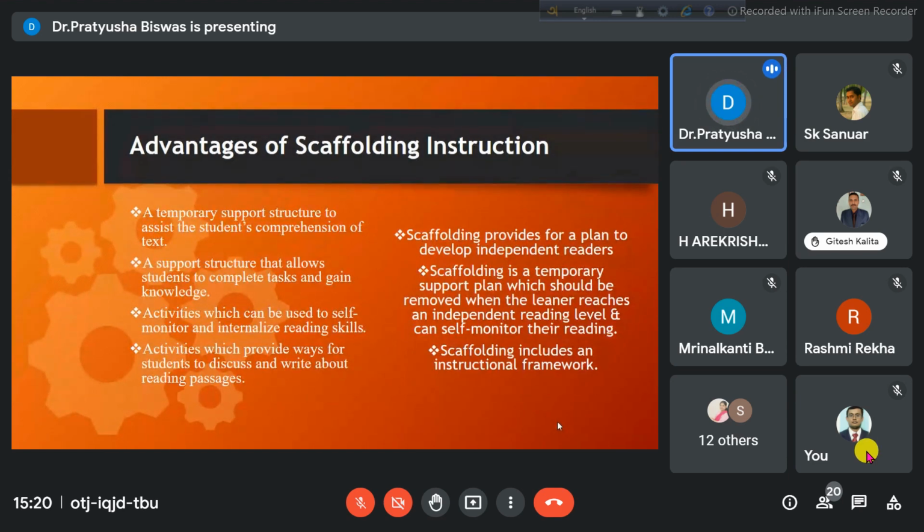When you do a scaffolding technique in a class, please set certain timelines and time limits, because once the child has self-paced himself and is able to achieve the learning content, you can successfully monitor and stop the scaffolding technique there. So this would be a very ideal instructional tool for framing your lesson plans or unit plans when you start your teaching.